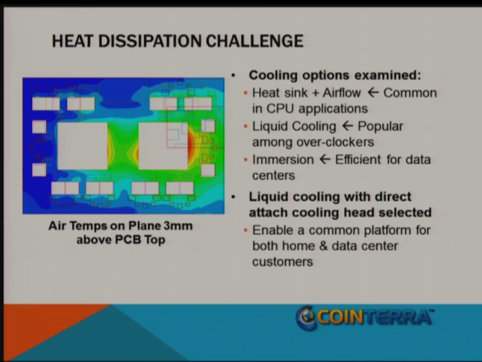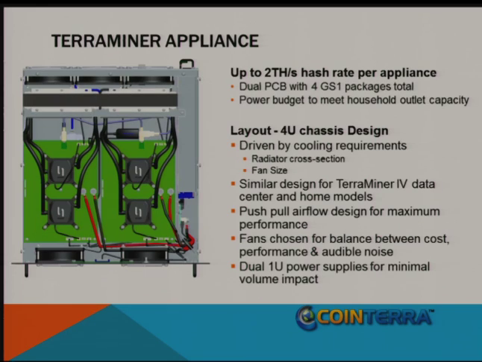The picture here shows the simulated temperature gradient for a dual package system board we are using in our TerraMiner system. So here is a picture of our TerraMiner appliance. Each TerraMiner appliance consists of 2 of our boards, so a total of 4 packages delivering 2 terahash per second hash rate.